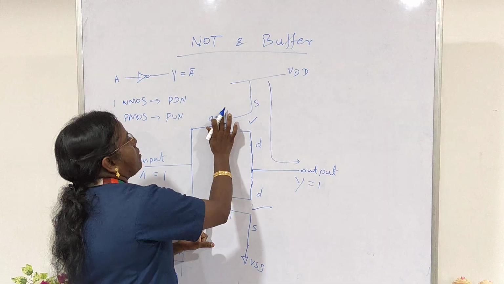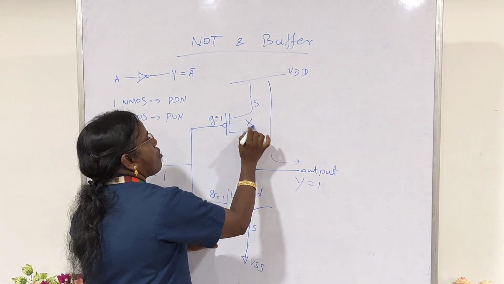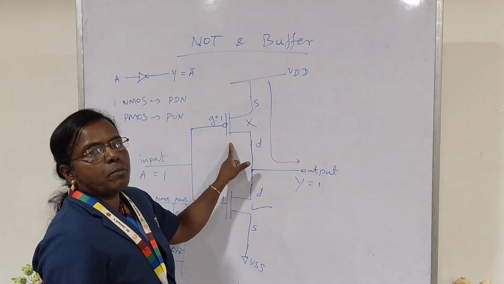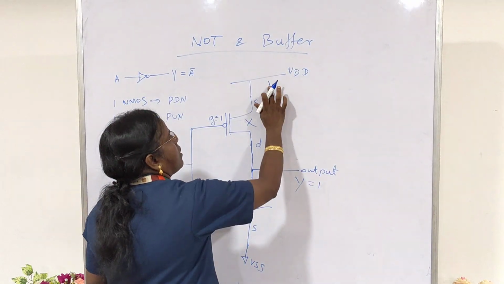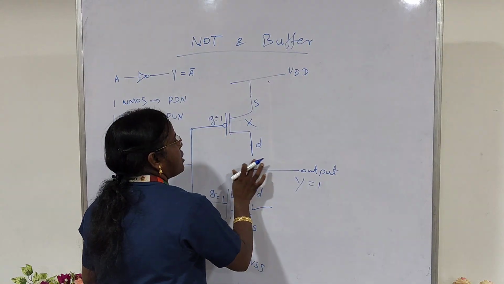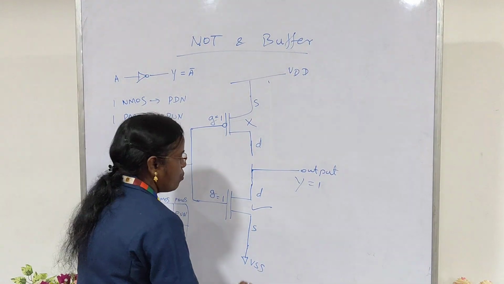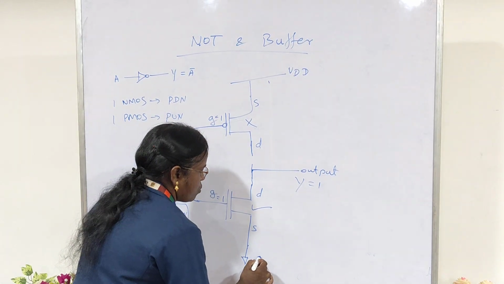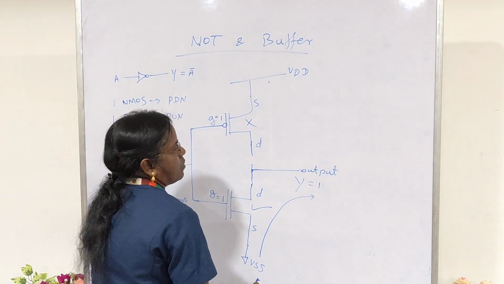At the same time, the gate input of PMOS becomes 1, so the PMOS transistor will be switched off. Because of that, the output is disconnected from VDD and it is connected to the ground potential via this NMOS.